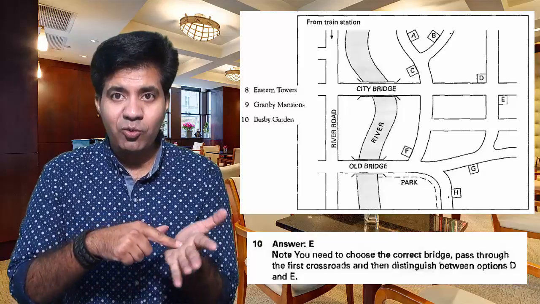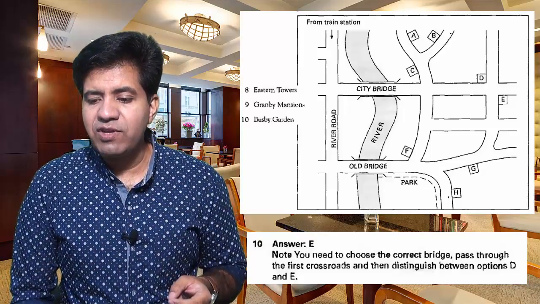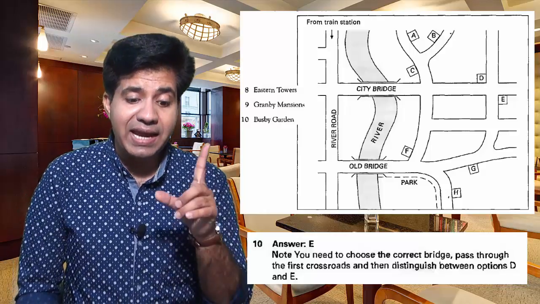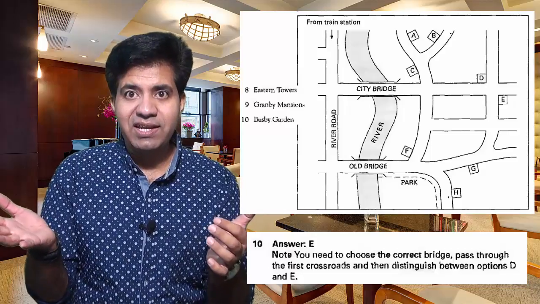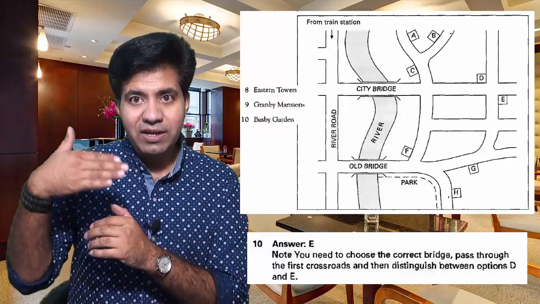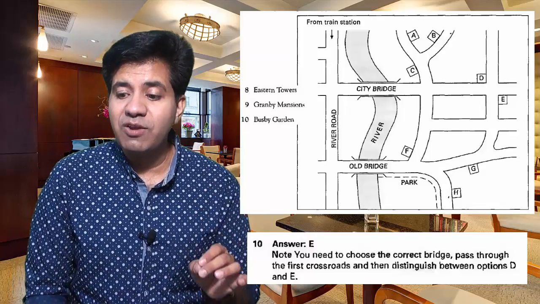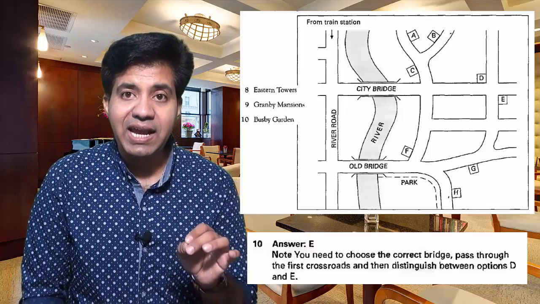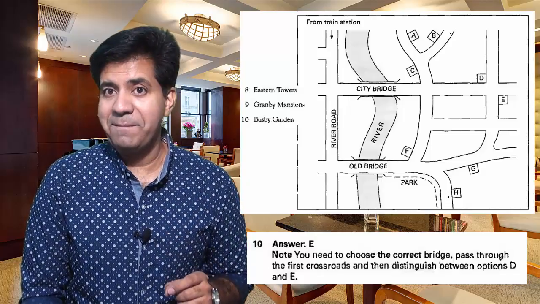Then distinguish between option D and E, because they talk about both D and E, but then they mention it's on the right-hand side corner in front of you. So you've got to differentiate between options D and E. Now E is the right answer and D is a trap.